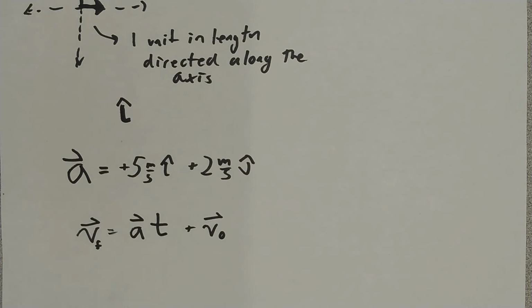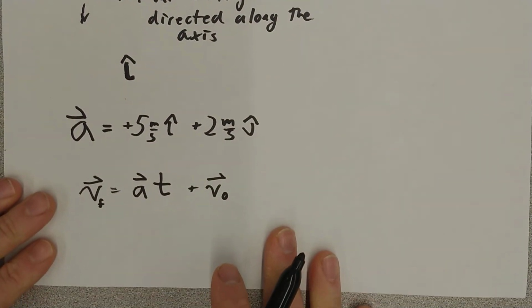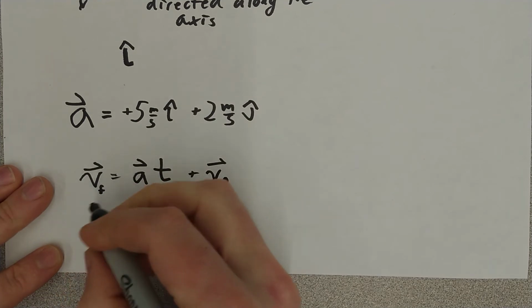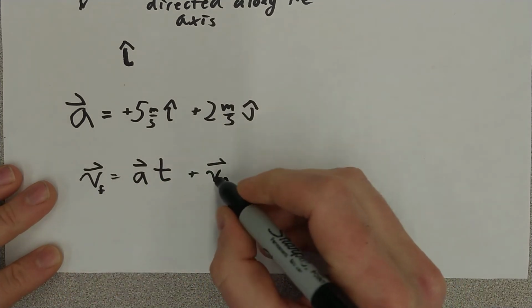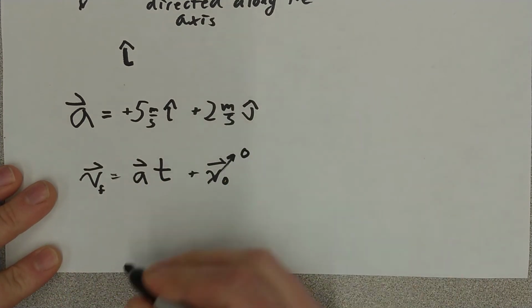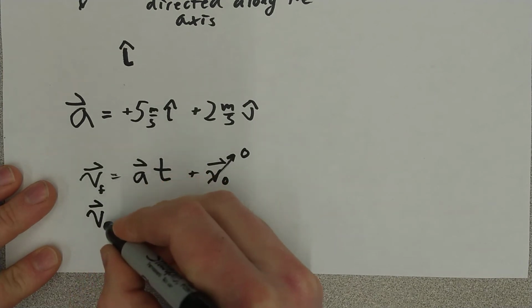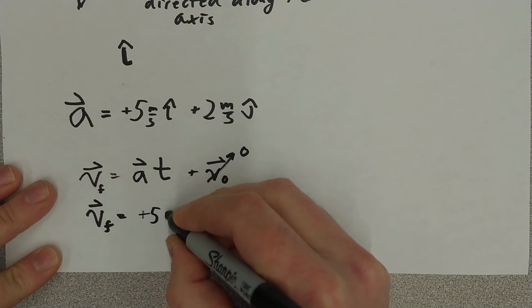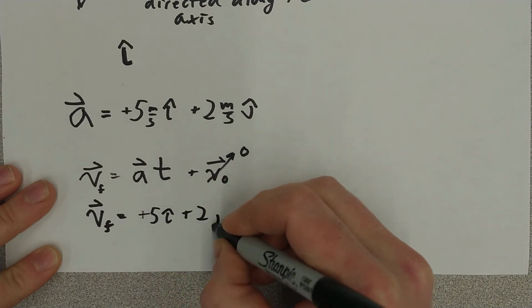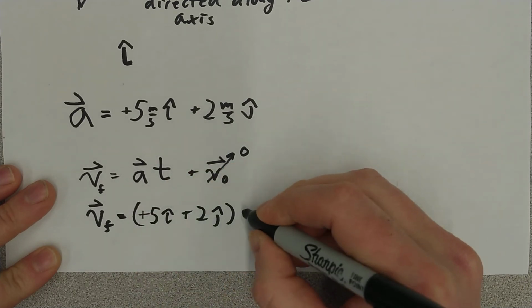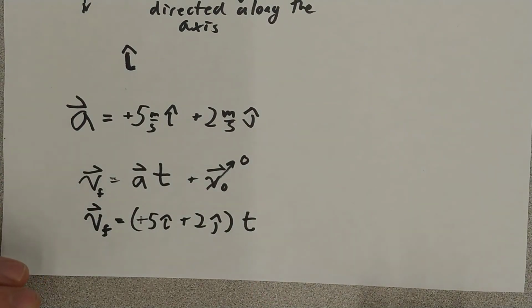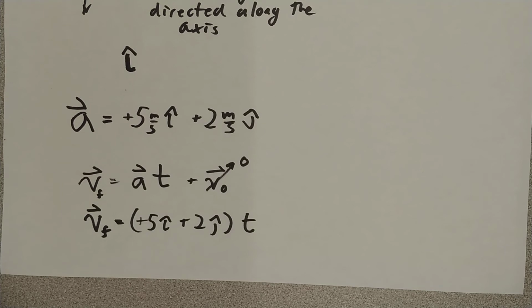I can write my equation of motion like this. Well, these are vector quantities. V0, there is no magnitude, so this is just 0. So the final velocity vector equals plus 5, I'm going to drop the unit here, I hat, plus 2 J hat times T. And like I said, there's rules of math that go with this.